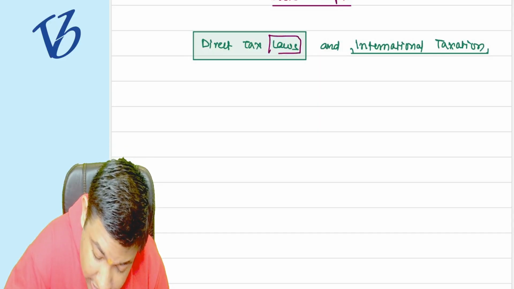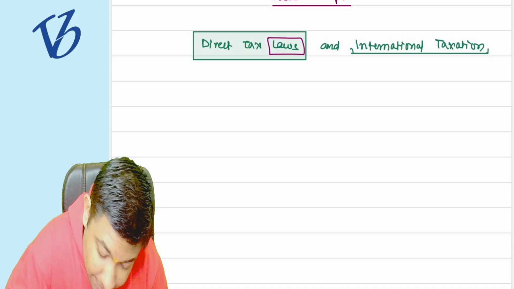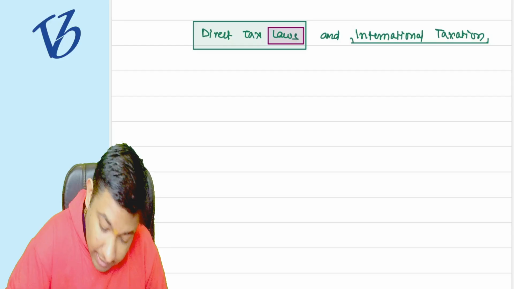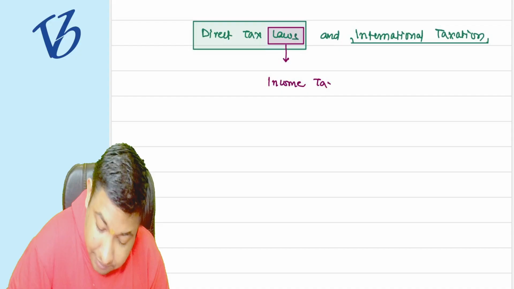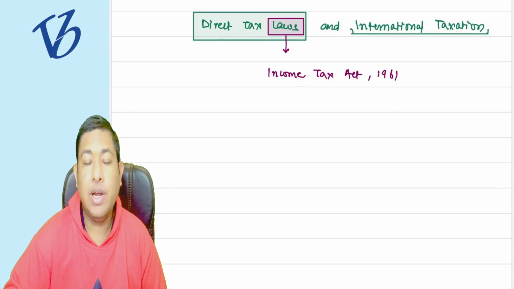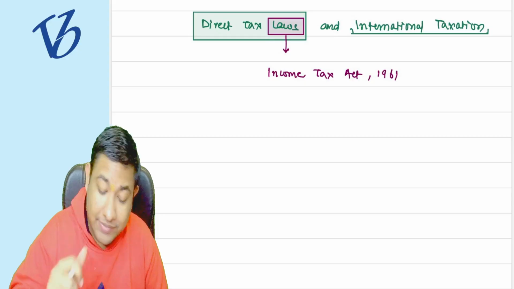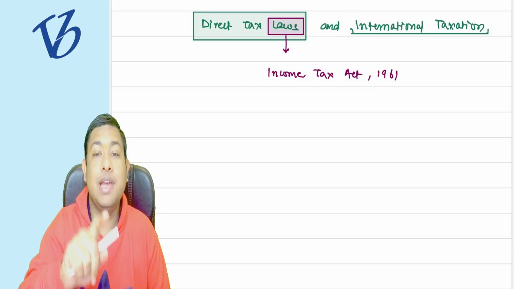I just want to discuss with you what is the law. I am interested in this particular word. What is laws? We just know the Income Tax Act 1961. But if we have to study only an act, then the subject should be named direct tax act or income tax act.